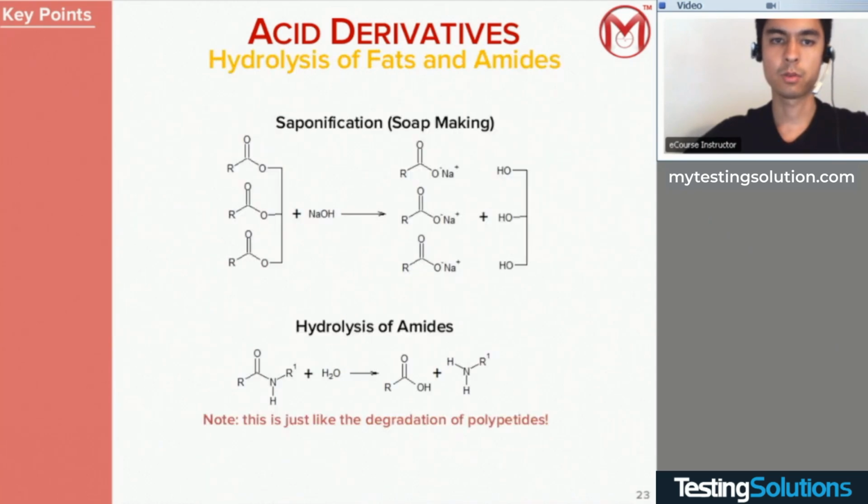Okay? So, hydrolysis of fats and amides. We've looked at the saponification reaction before, but when I showed it to you, what I gave you was the carboxylic acid, the free fatty acid. But fats and lipids, not all lipids, but fats are often basically triglycerides.